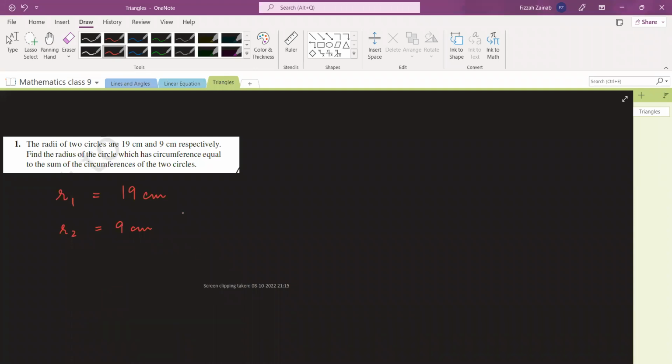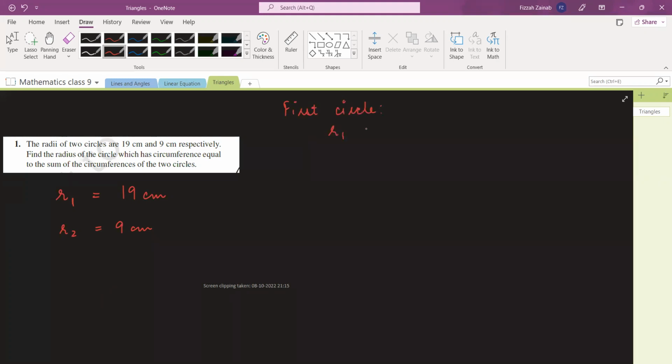So what you have to do in this question is, you have to find the circumference of first circle, okay, then the circumference of the second circle, then you have to add it, right? Yes. Okay. So you can do it like this. First circle.